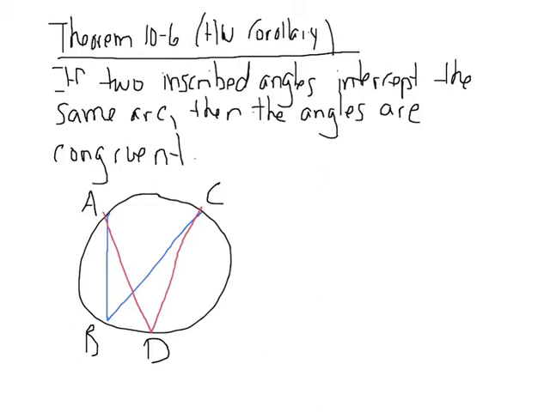Well, what we can therefore conclude is that angle ABC is congruent to angle ADC, which makes sense. If their intercepted arc is arc AC, and each of them has a measure that's 1/2 that of the intercepted arc, therefore it makes sense they're going to have the same measure, angles B and D. That is, they're going to be congruent.